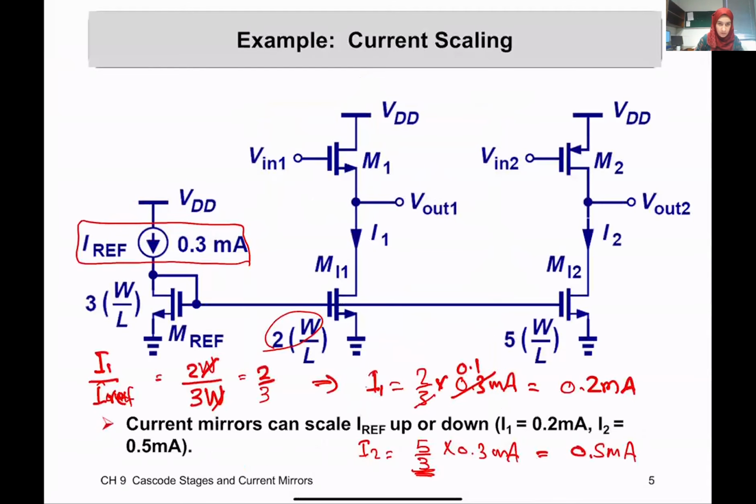Okay, this one? Yes. So basically, the general relation is that your Iout over IREF equals W of the output transistor divided by W of the reference transistor, where W is the width of the transistor.